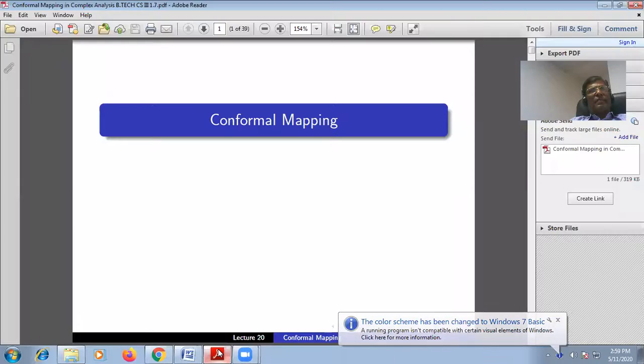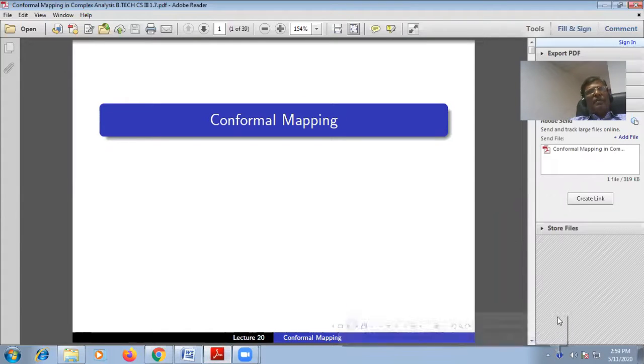So I would like to share with you on your screen this is conformal mapping.